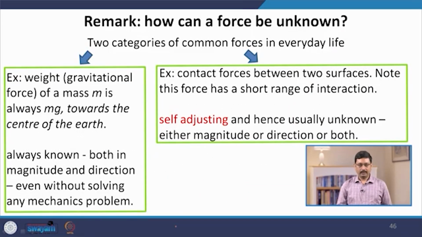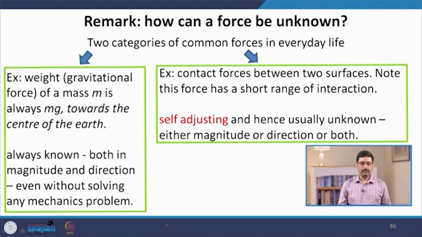Now, here is a side remark: how can a force be unknown? I want to draw your attention to two categories of common forces that you encounter in everyday life. The first category, and typical example, is the weight, the gravitational force due to the earth.